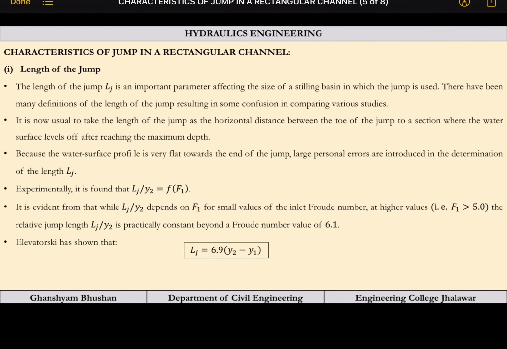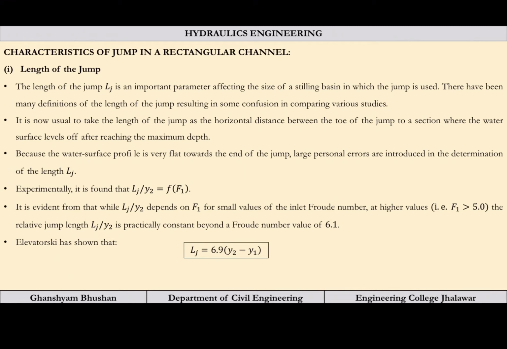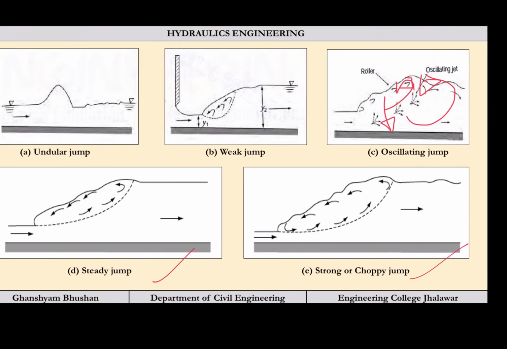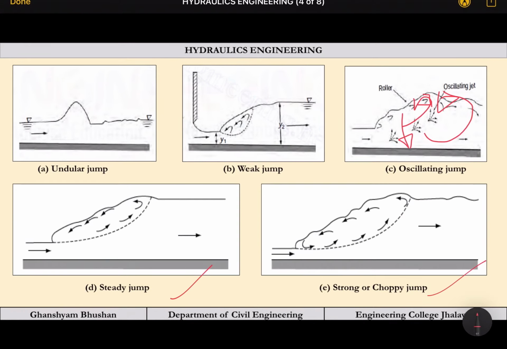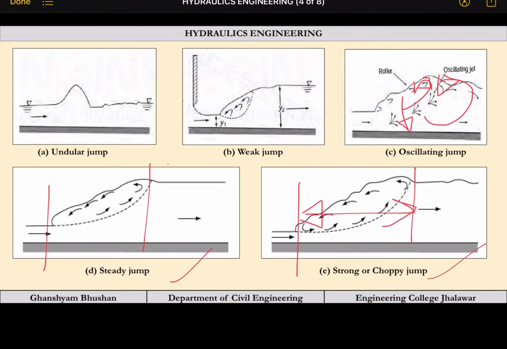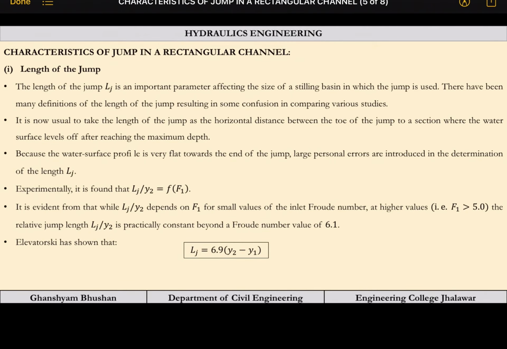Now let us check the other characteristics of a jump in a rectangular channel. First, the length of the jump. You can see from here till here is the length of the jump. It is measured from wherever the jump is starting to the point where it is vanishing, and that length is termed the length of the jump.